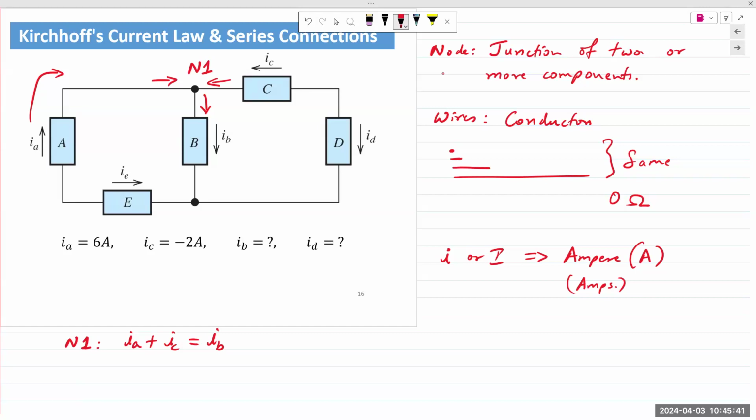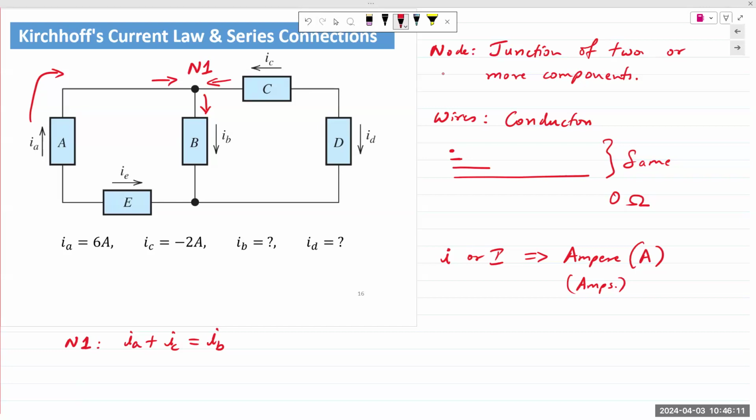You have studied KCL and KVL far longer than you would study it in this class. In this class, you would apply KVL and KCL to generate equations for other analysis methods. If you have a preferred way of applying KCL and KVL, you stick with it. You do not have to do what I do. Especially with KVL, KCL is far simpler than KVL in terms of writing the mathematical expression.